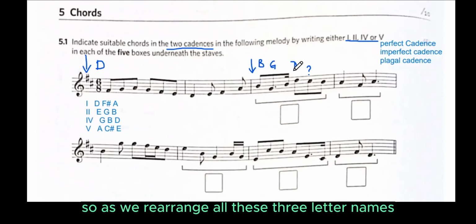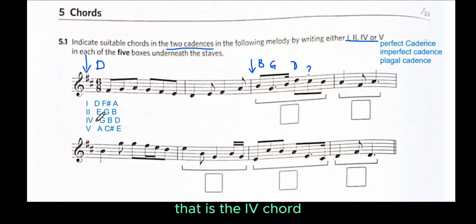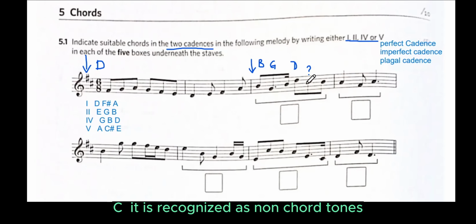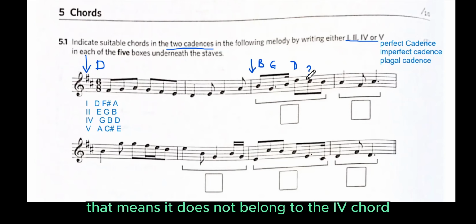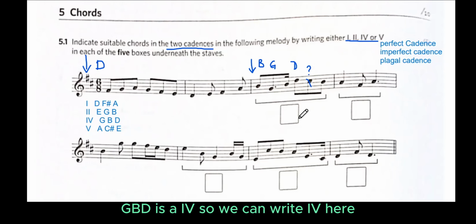So as we rearrange all these 3 letter names, we can recognize that this is a G, B, D chord. That is the 4 chord. So what is this C? It is recognized as a non-chord tone. That means it does not belong to the 4 chord. So we can just put it aside. G, B, D is a 4, so we can write 4 here.